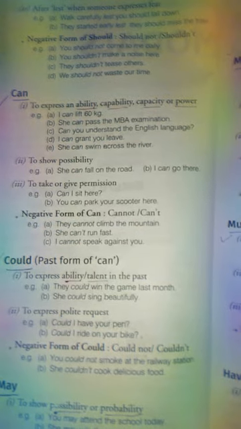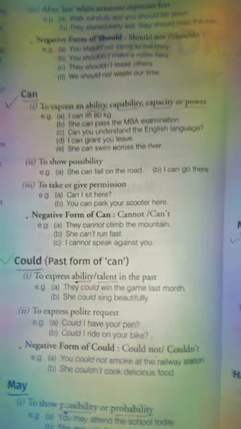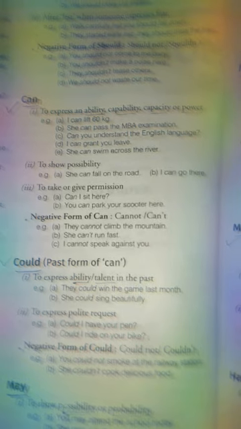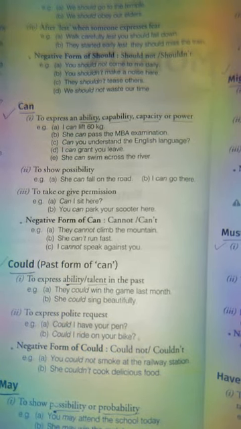A negative sentence is very much like any other simple negative sentence, so no problem at all, isn't it? But basically, should is used to express moral obligation or duties without any compulsion. When compulsion is there, should cannot be used. We should love animals, but we cannot force anyone to love animals. We can only suggest.